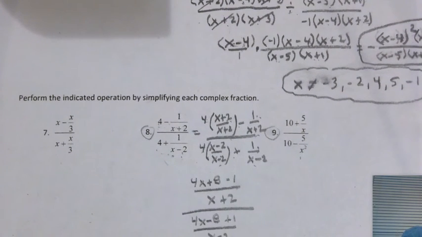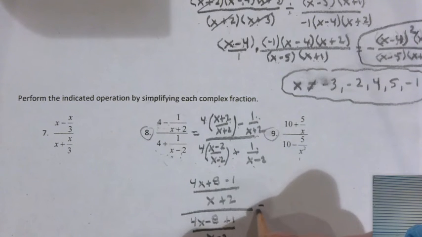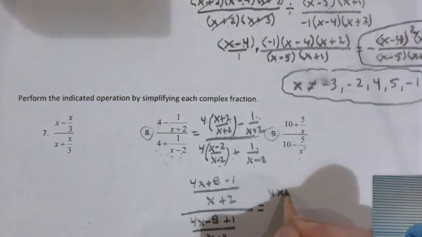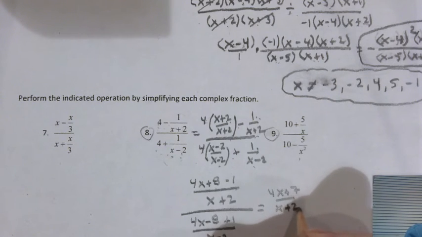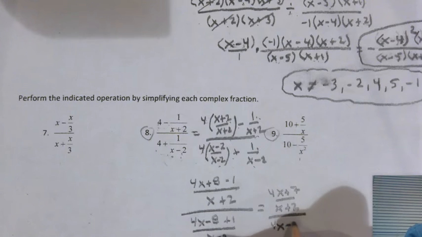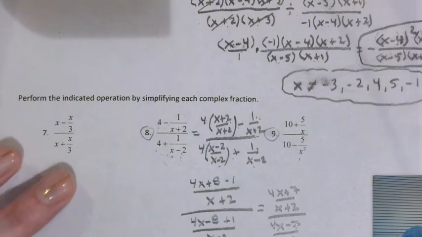Okay, and then let's simplify. That's going to be 4x plus 7 over x plus 2, and then 4x minus 7 over x minus 2. Okay, let's figure out any restrictions.